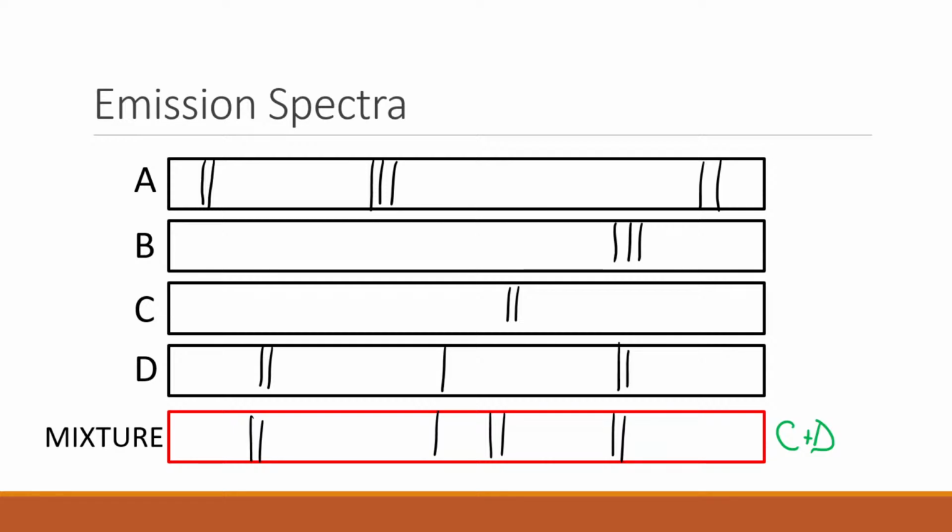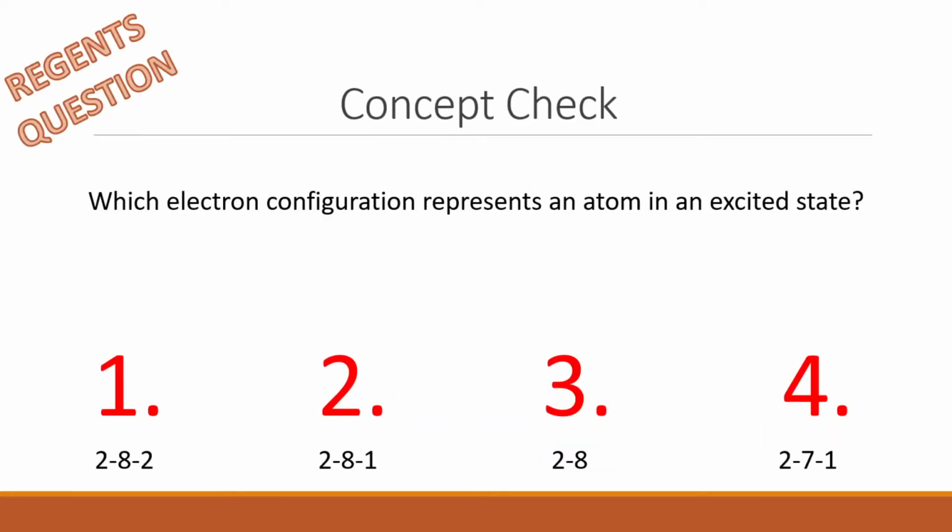Now, to wrap us up for today, I have one multiple choice question. Which one of these electron configurations shows an atom in the excited state?